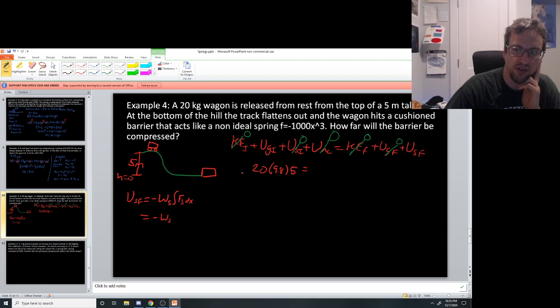The integral of this is... that's not work at the spring there. And this should be an equal sign. Okay.